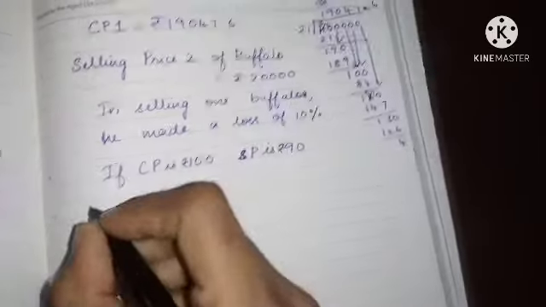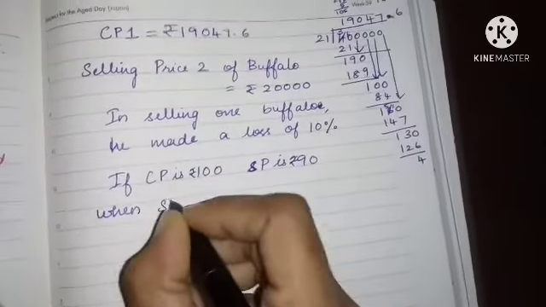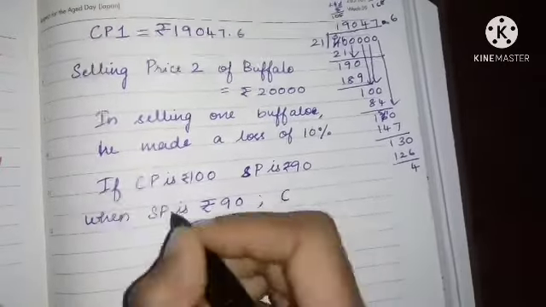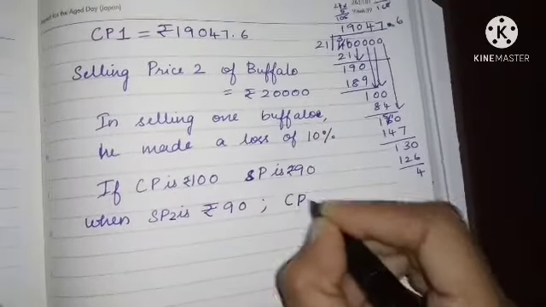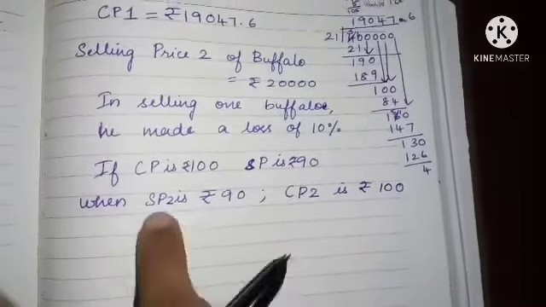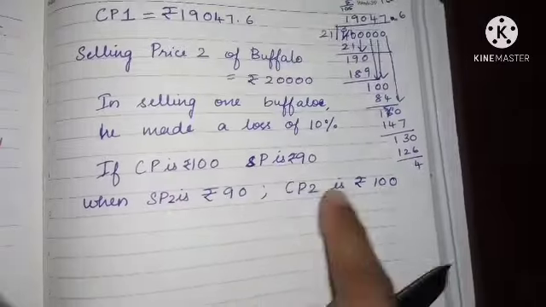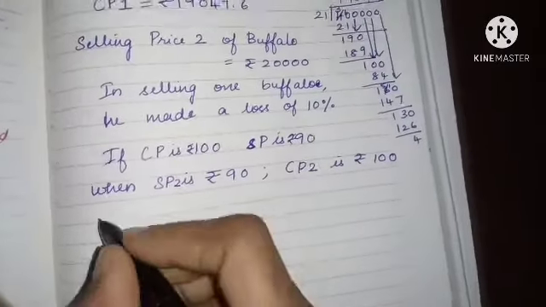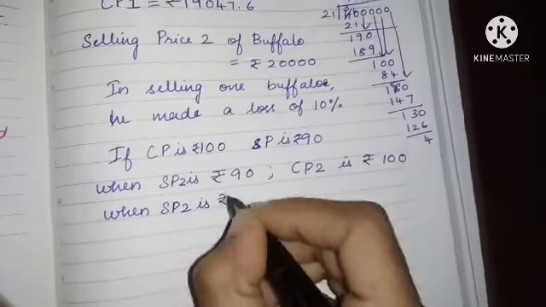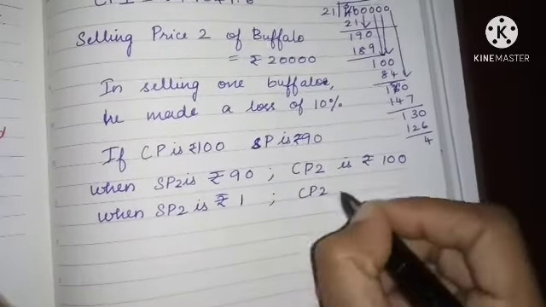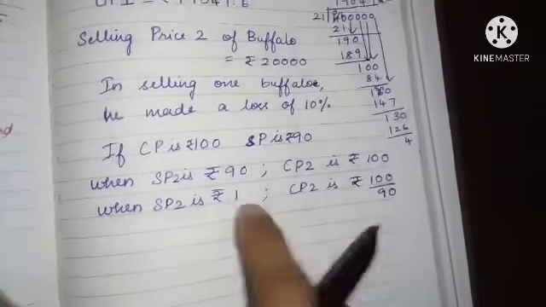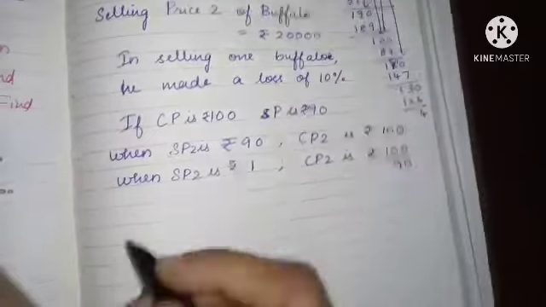So we can write the statement: when selling price number 2 is rupees 90, cost price number 2 is rupees 100. So when selling price number 2 is 1 rupee, cost price number 2 is 100 by 90.